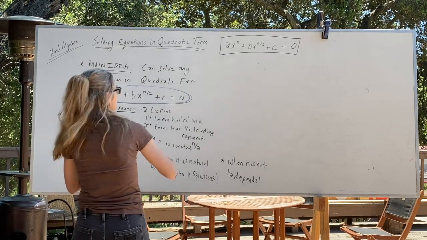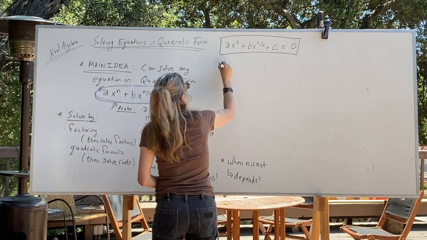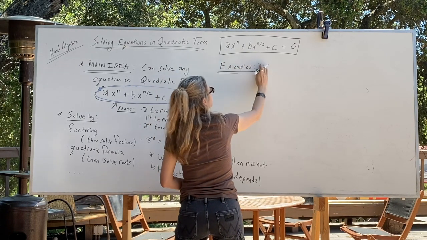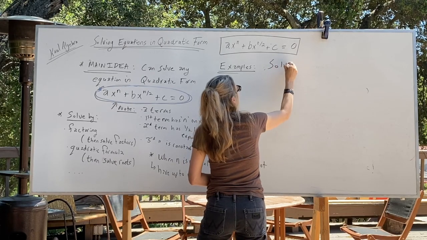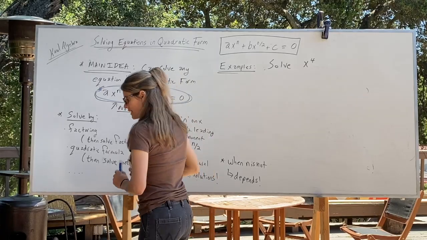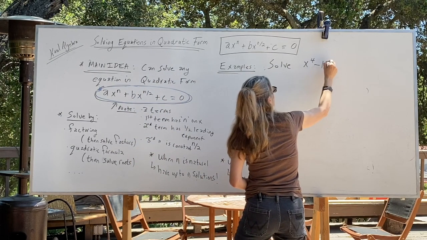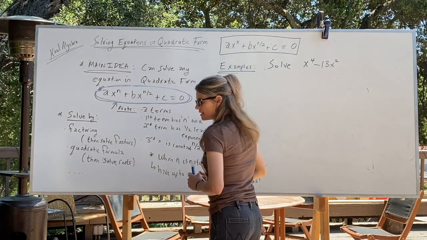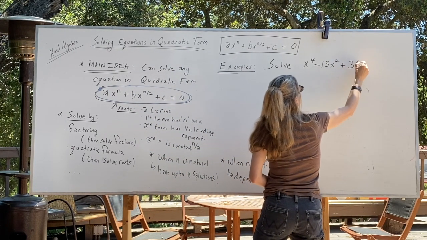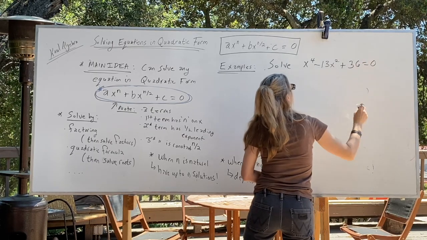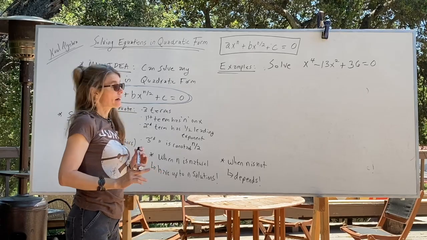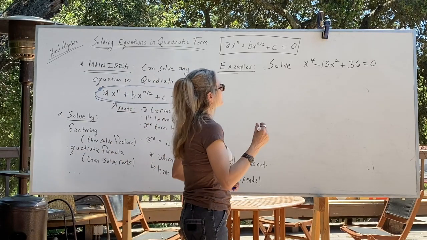Let's say we have a problem, and it says solve x to the 4th power minus 13x squared plus 36 equals 0. Okay? So I recognize that that is not a quadratic, but it's very, very similar to one.